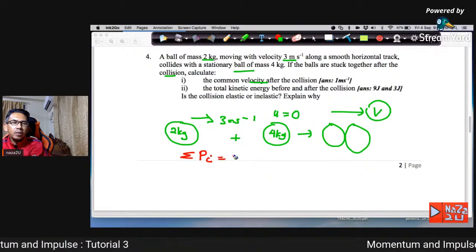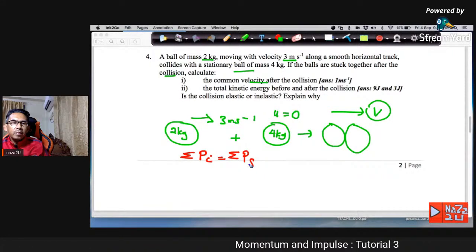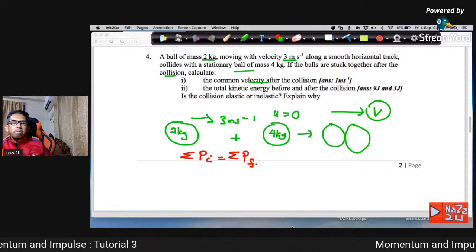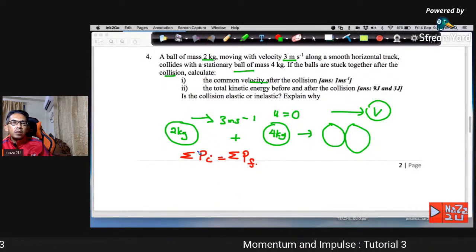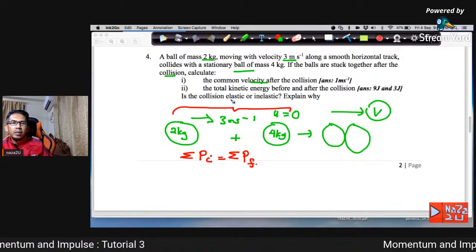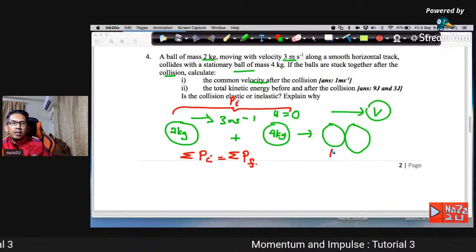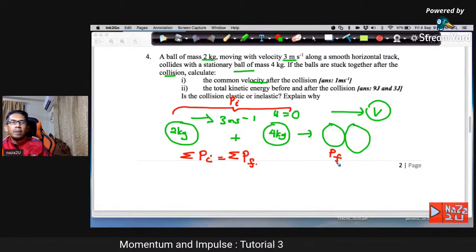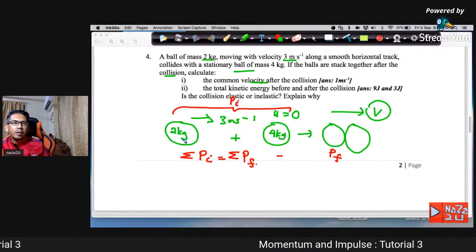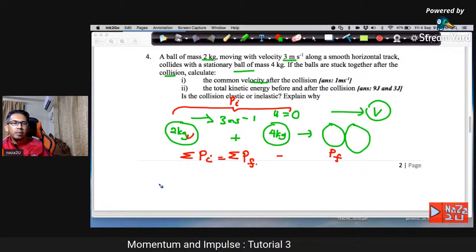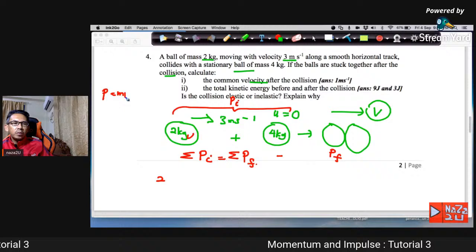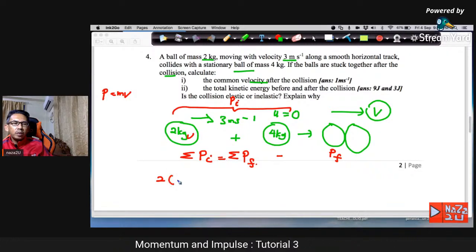Total momentum before is equal to total momentum after, right? Before, we have the momentum for the mass 2 kilogram times velocity, because momentum p is equal to mass times v, so 2 times 3.